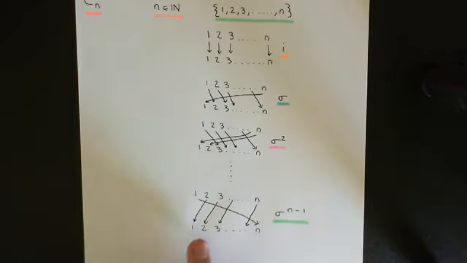Hopefully just looking at this one you might be able to understand that. Look at this. This is effectively move everything along to the left by 1. We've moved little n to n minus 1, we've moved little n minus 1 to little n minus 2, we've moved 4 onto 3, 3 onto 2, 2 onto 1, 1 had nowhere to go, so it's had to loop back to n.